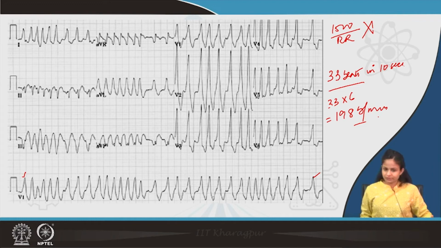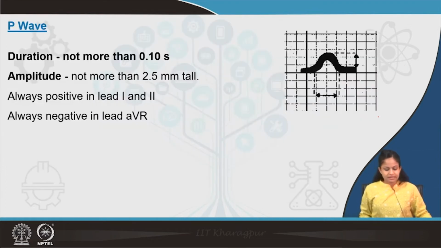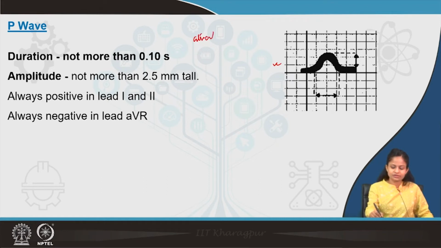So, calculation of heart rate in case of regular rhythm and in case of irregular rhythm are different. Now, coming to the P wave, the first positive deflection. Whenever we talk about the P wave, we are talking about atrial depolarization.